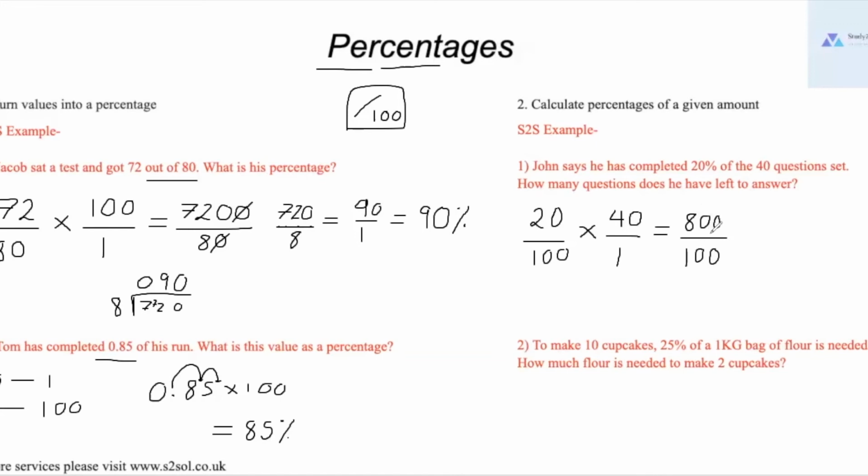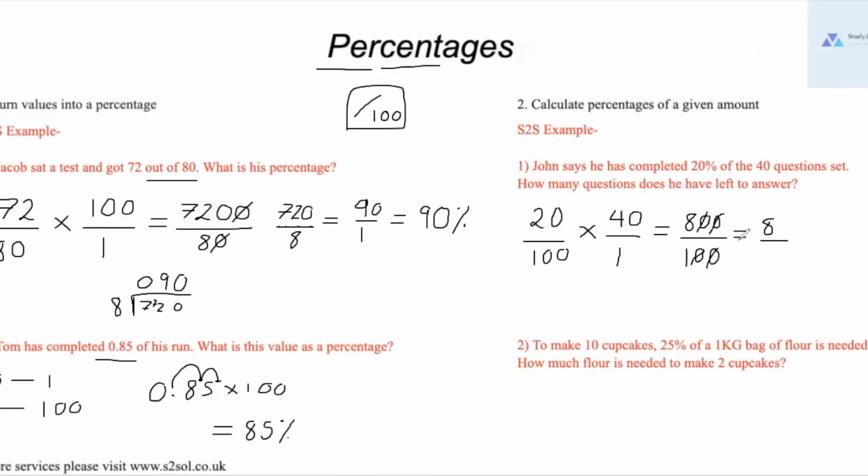Remember, we can simplify our fraction now by using factors of 10. So we can slash a 0 from the bottom and the top, take a 0 again from the top and the bottom, and we're left with 8 over 1. Remember, I said anything over 1 is just the number. So 20% of 40 is simply just 8 questions.